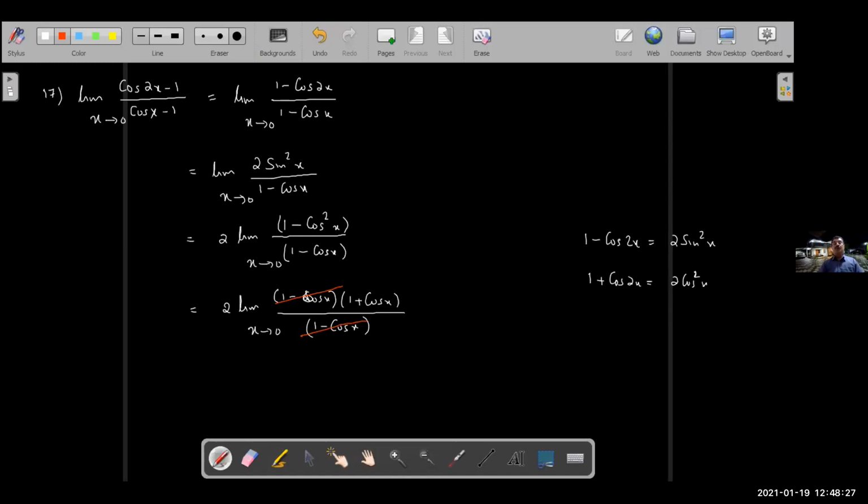Now what to do? Substitute the value x equals 0. Just substitute the value of x, that's all. 2 into limit x tends to 0 of 1 plus cos x.